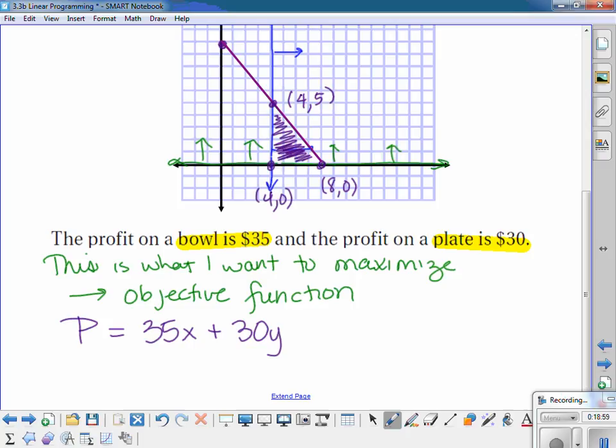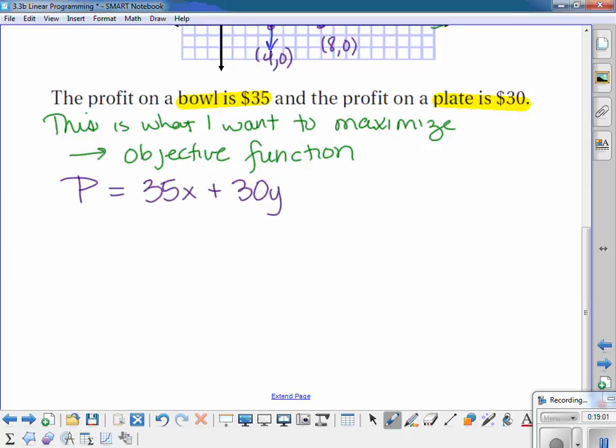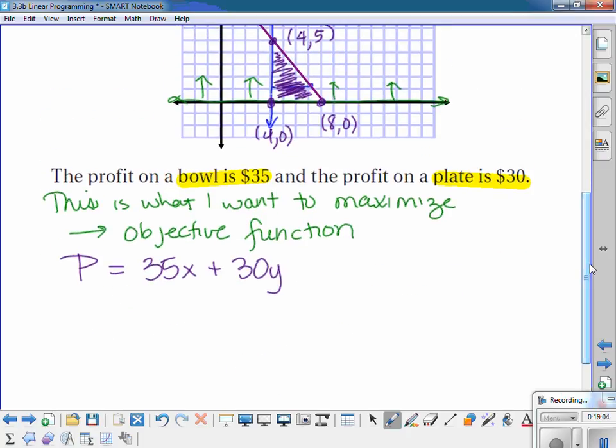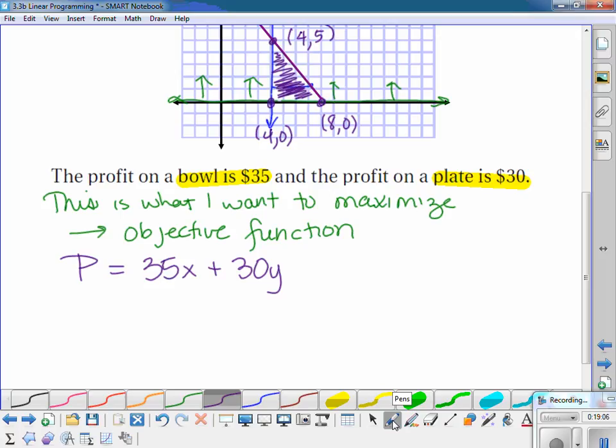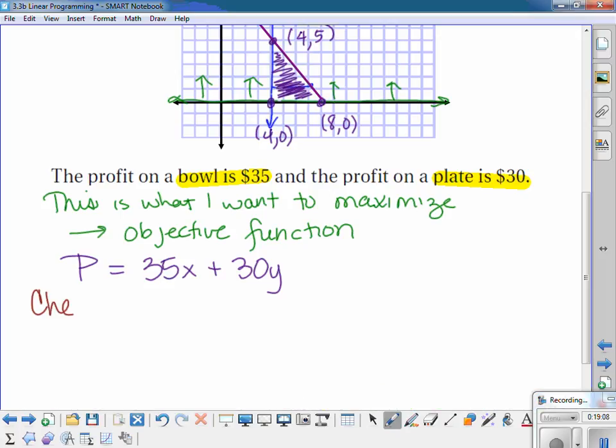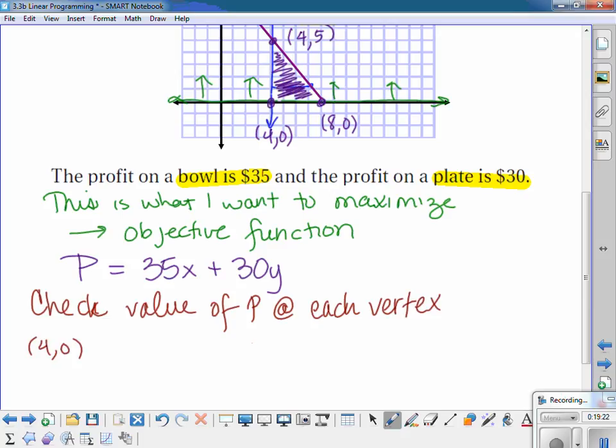So I want to check the values for that objective function at each of the vertices. I'm going to check the value of P at each vertex. So I'm going to check it at 4, 0. I'm going to check it at 8, 0. I'm going to check it at 4, 5.